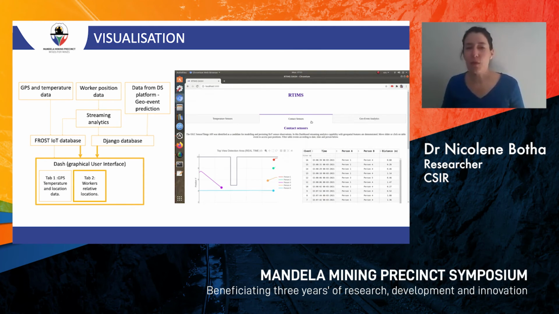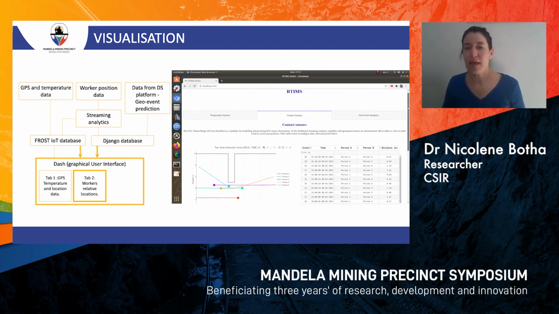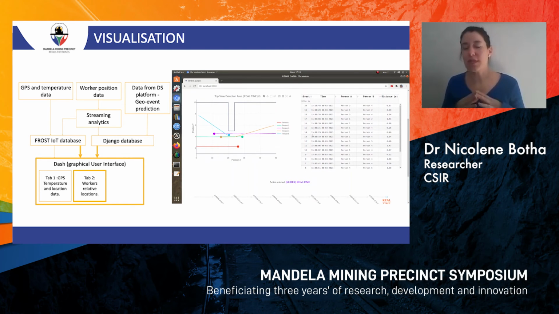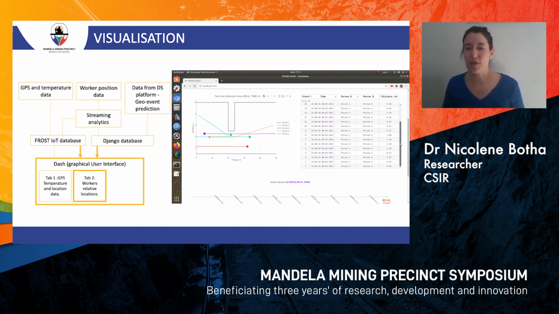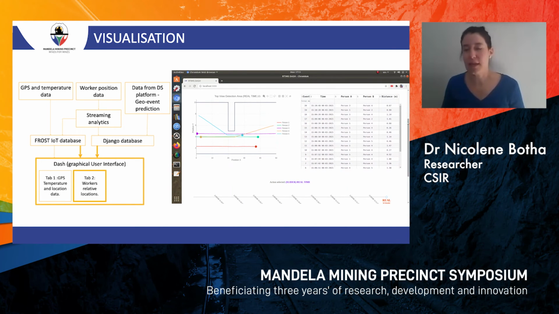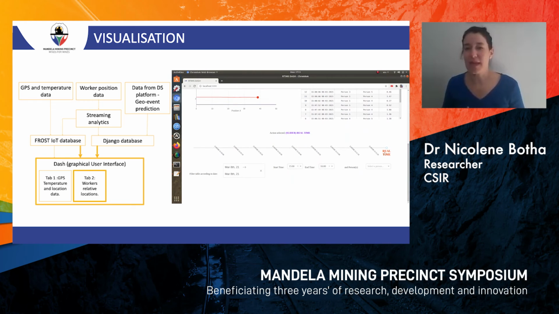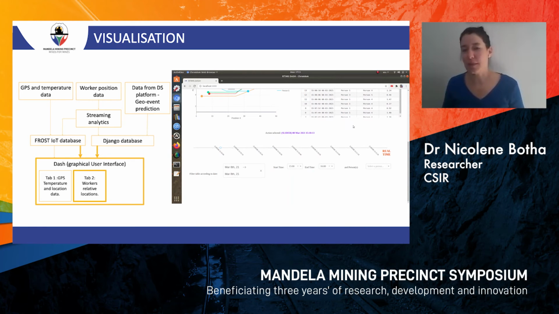So next, the workers' relative positional data is shown in the tab named Contact Sensors. So here, the raw sensor data of the relative positions of the workers is shown in the graph, with once again the big dot showing the current location, and the results from the analytics is shown in the table.